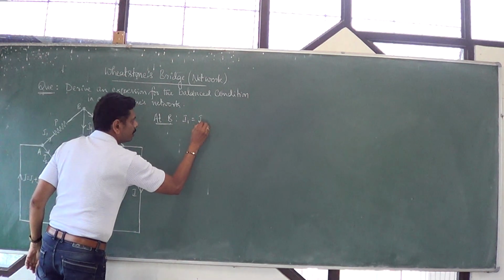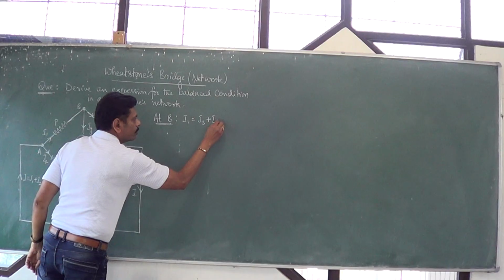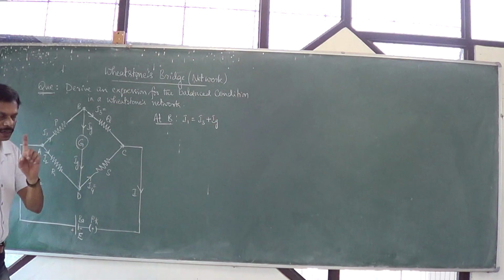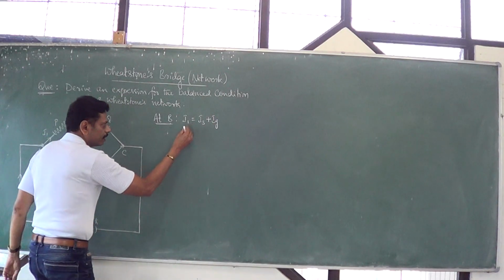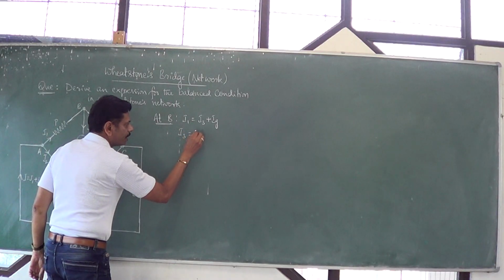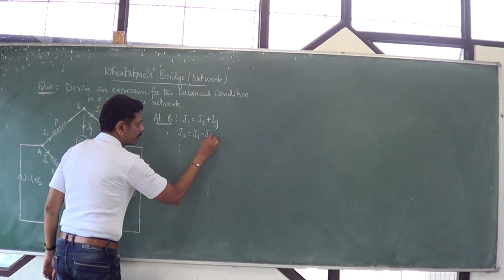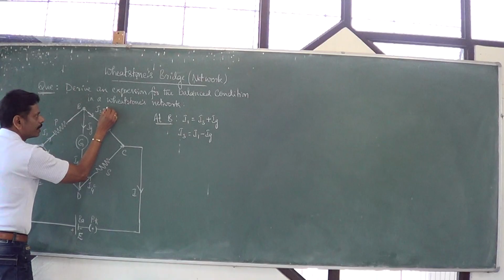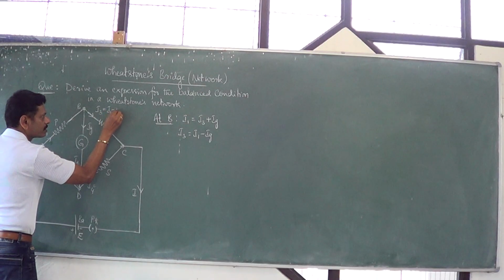Using Kirchhoff's first law, the current law, I1 is equal to I3 plus Ig. Therefore, I3 is equal to I1 minus Ig.